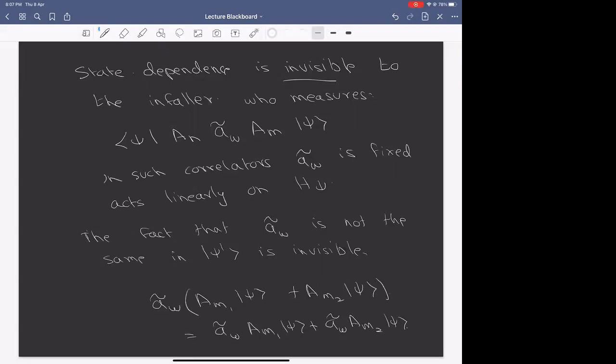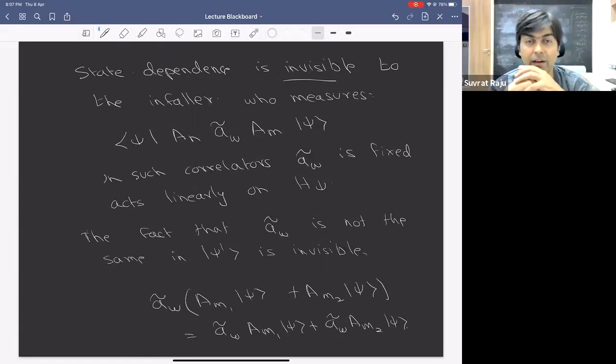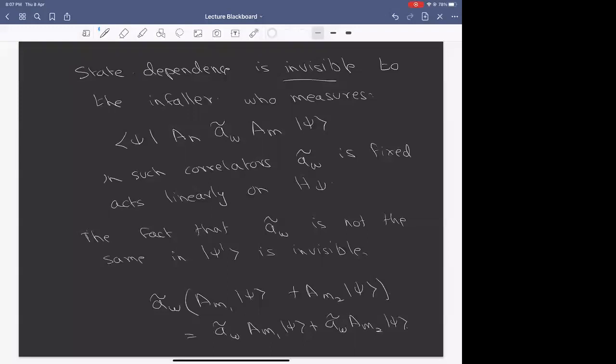But go on. I'm slightly confused. Why can't I completely rephrase the description of interior observables as state dependent? Sorry, I did not understand that. Whatever we are calling state dependent can be observed only if you go into the horizon, right?